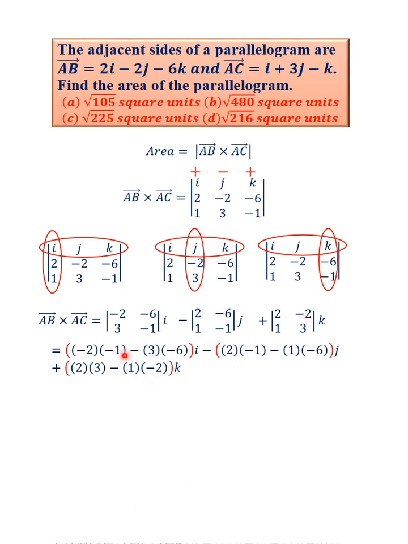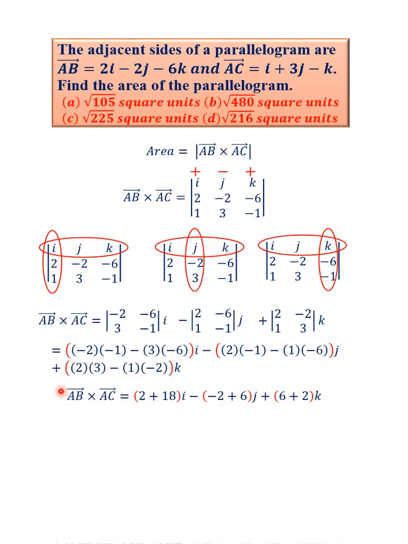Now we can simplify this expression further. AB cross AC equals: minus 2 times minus 1 gives us 2, minus 3 times minus 6 gives us plus 18, that is your i. Minus, the negative sign here, 2 times minus 1 gives us minus 2, minus 1 times minus 6 gives us plus 6, and then your j.